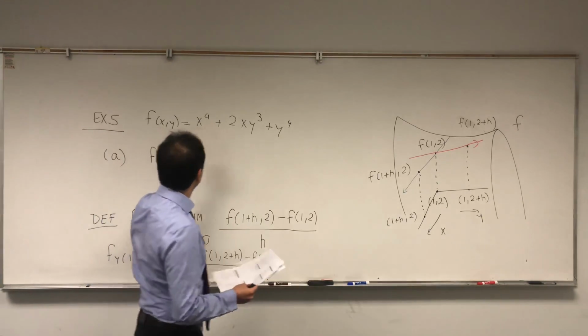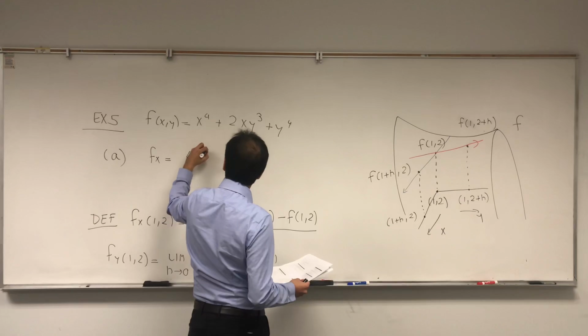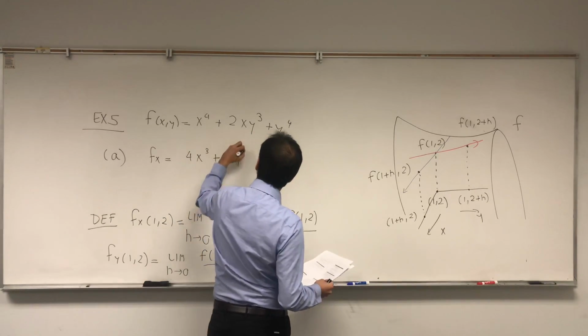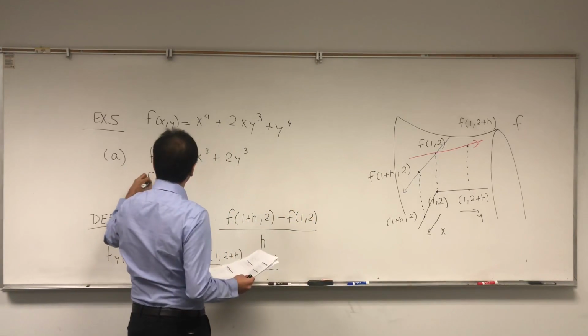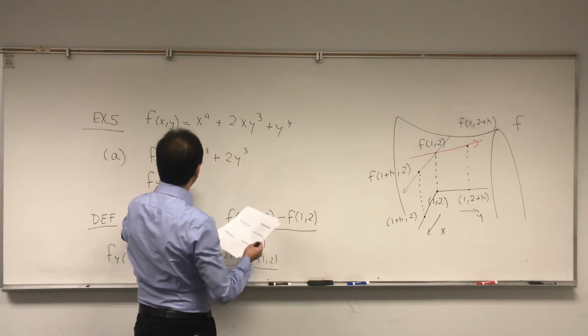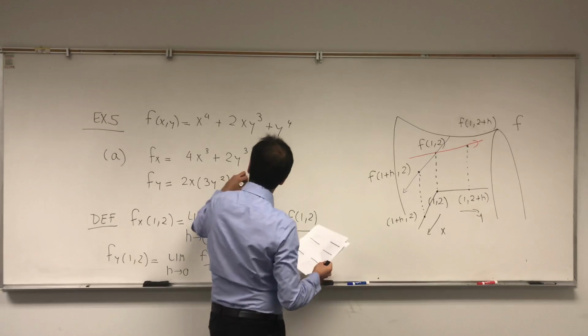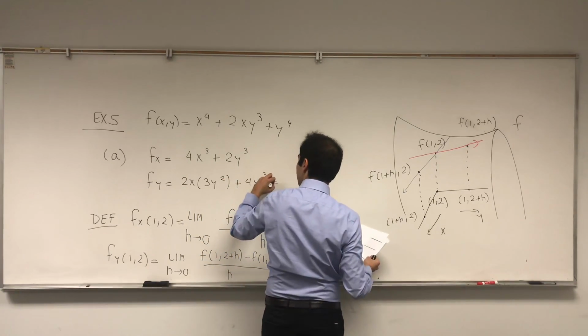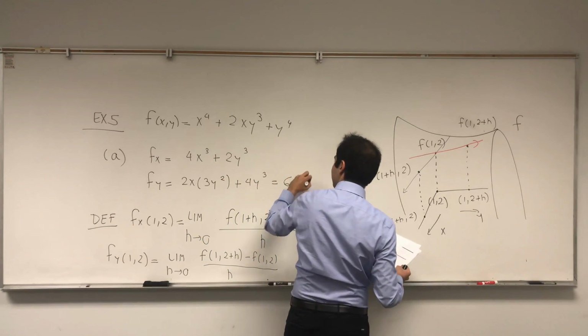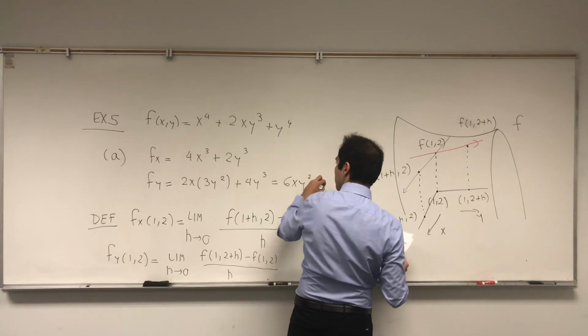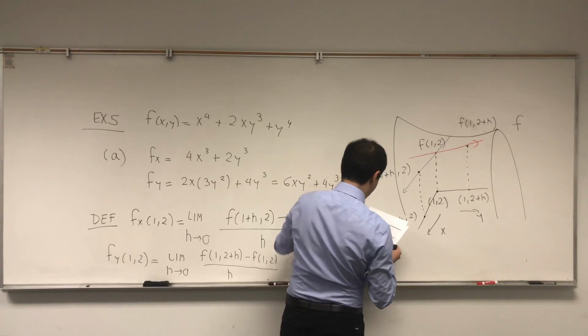So f_x becomes 4x cubed plus 2y cubed. And then f_y becomes 2x times 3y squared plus 4y cubed, which becomes 6xy squared plus 4y cubed.